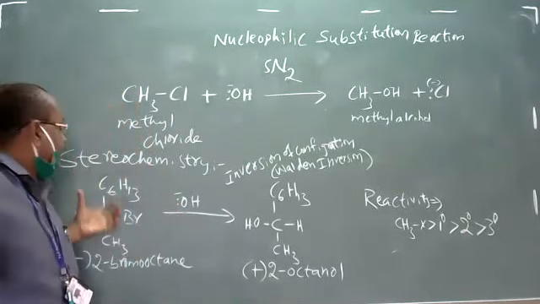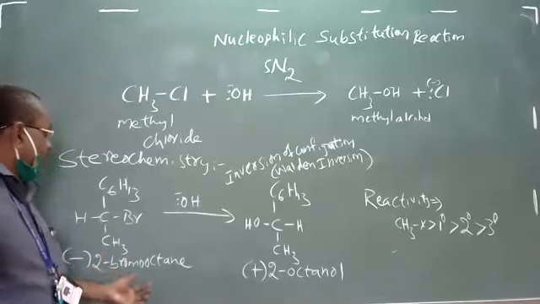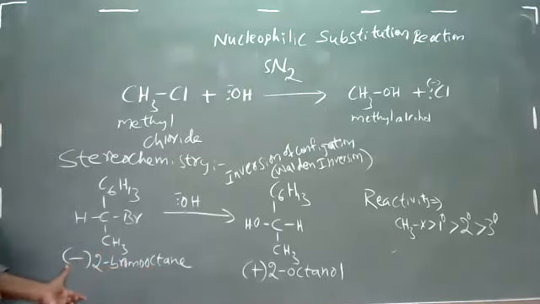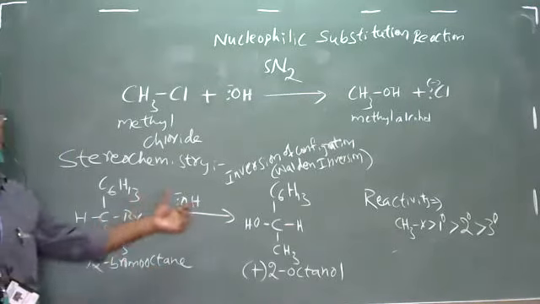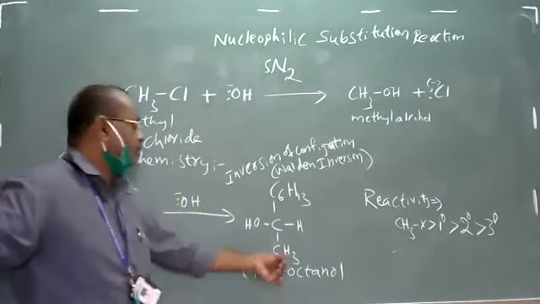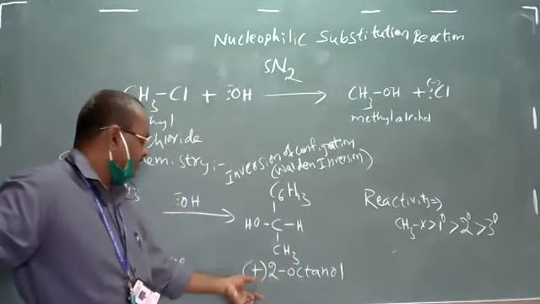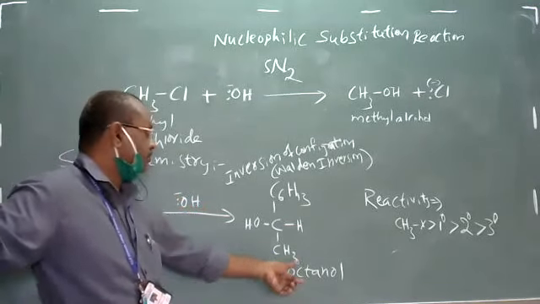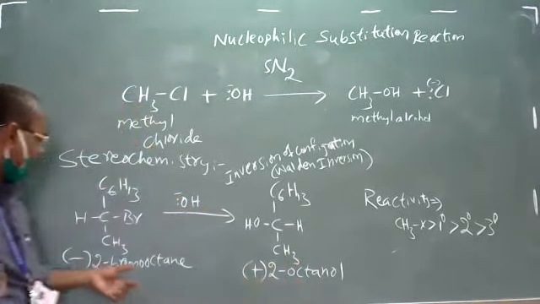And here I am using the example of 2-bromo-octane, which is levorotatory, indicated by a minus sign. This levorotatory 2-bromo-octane reacts with a nucleophile OH to form 2-octanol. And here the sign is positive, that is, dextrorotatory 2-octanol is formed.